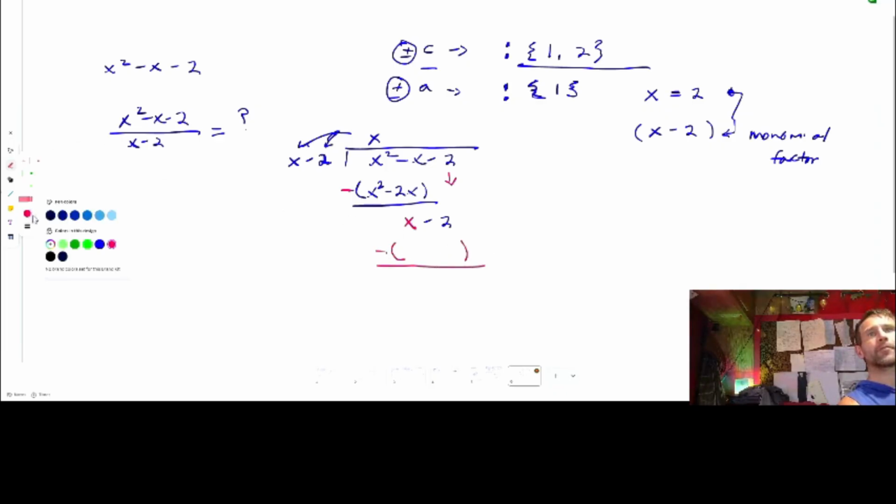Now what? We need that to be an x, right? Or a 1, sorry. Is it a 1? I mean, it says x minus 2, so I would say x.